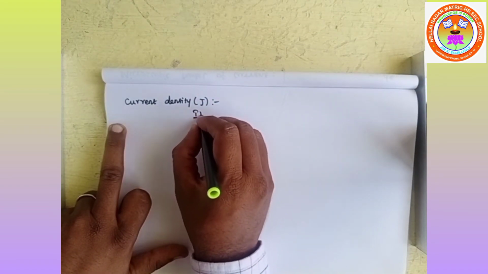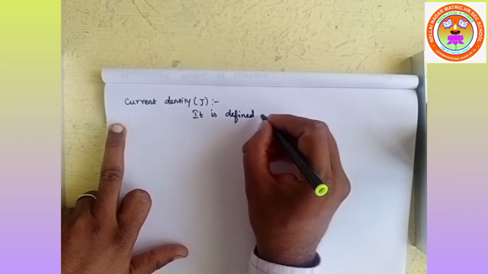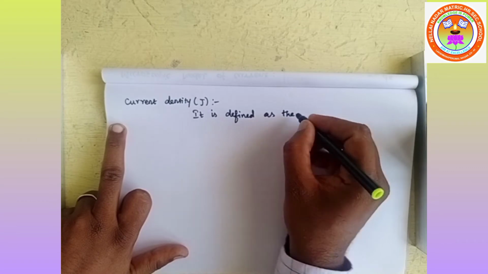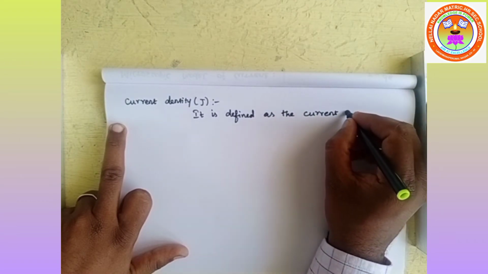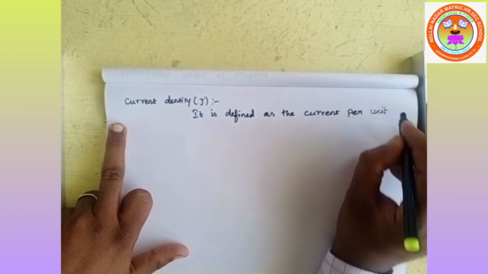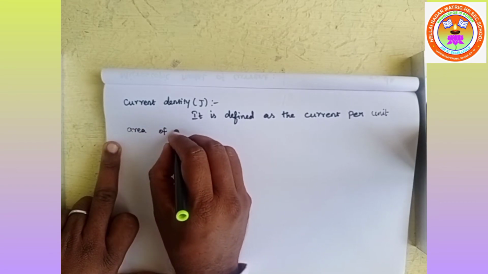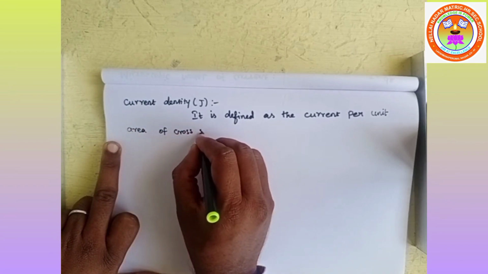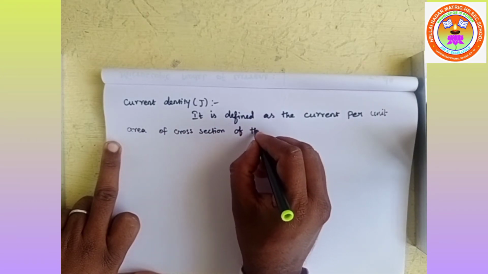It is defined as the current per unit area of cross section of the conductor.